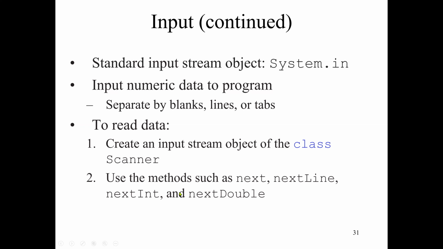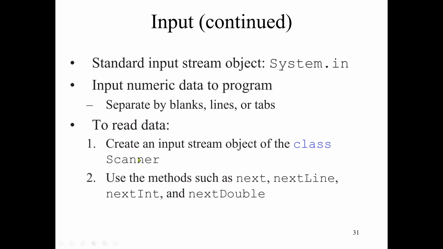Then after that, I can use methods such as nextLine if the variable that I'm going to put the data in is a string. Now, if the value is int, then I'll use the nextInt method. If the value is a decimal value, I'll use nextDouble. So it depends on the data type. Again, we are going to see an example in the program soon.